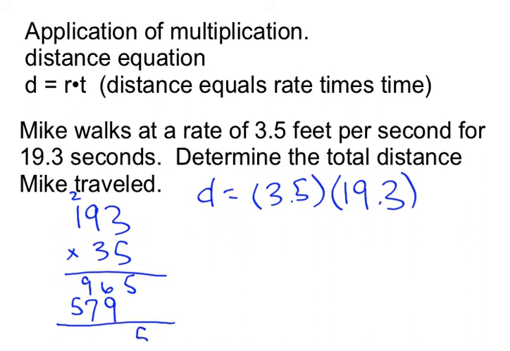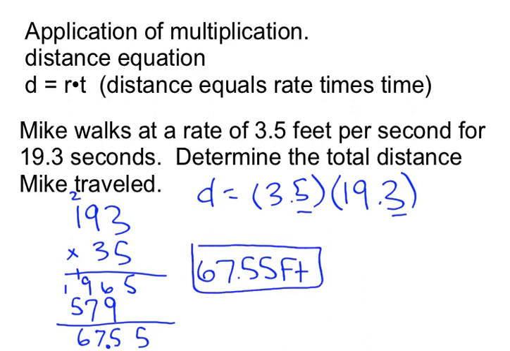Add these up, we get 5 here, 15, carry a 1, 17, carry a 1, and 6. Now there were 2 decimal places in the original problem, so there's going to be 2 decimal places here. The answer is 67.55 feet. Okay, and then you'll need to do the practice.